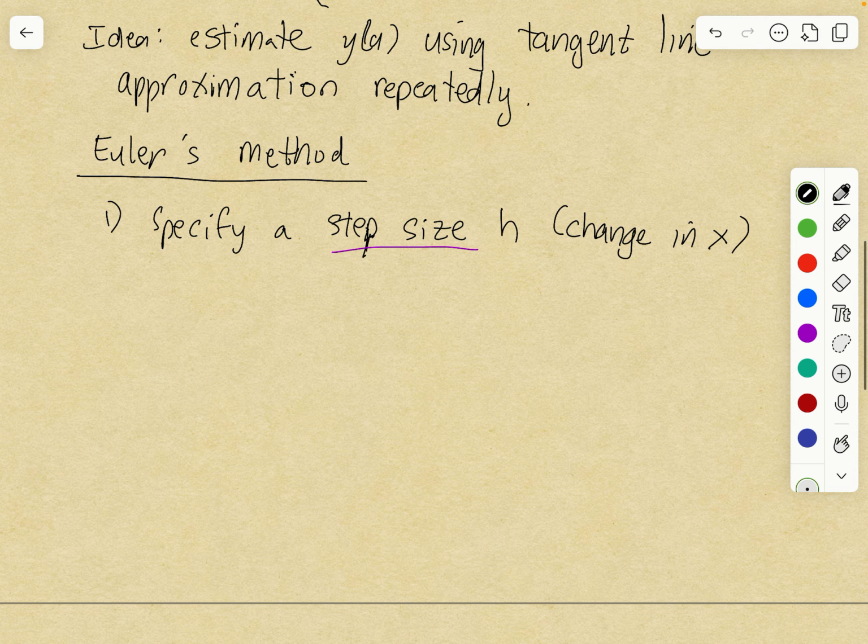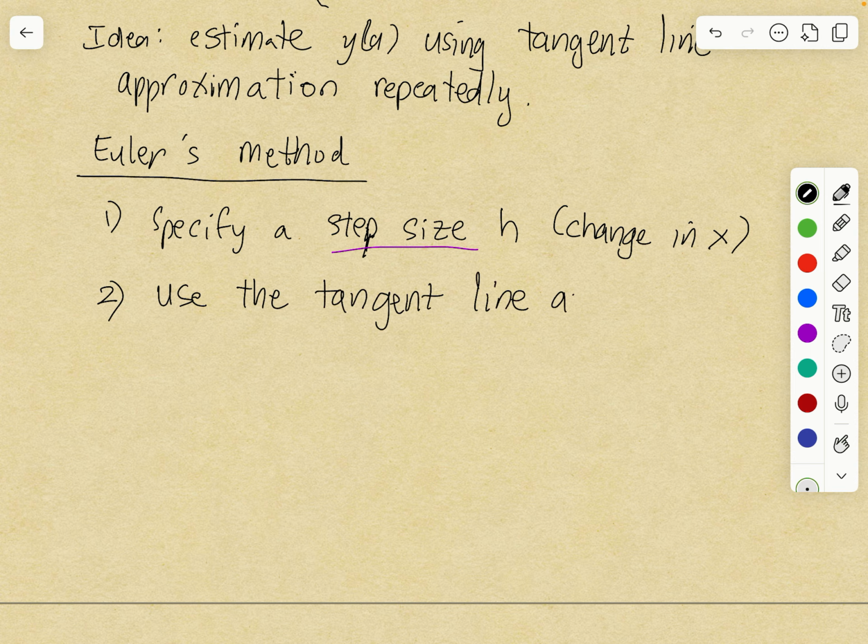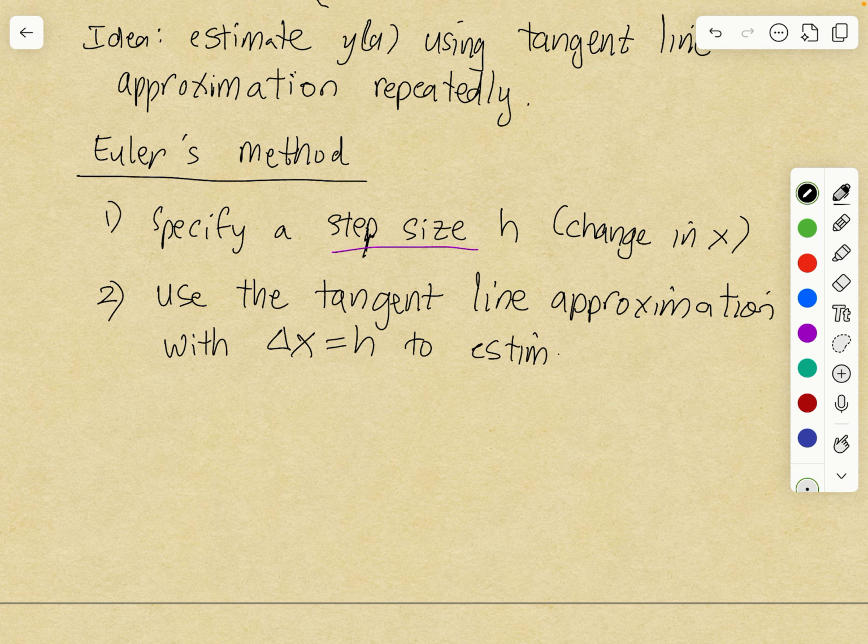Okay? Then once you specify what the step size is, you use the tangent line approximation with the change in x, delta x, equal to h, to estimate y of x0 plus h.